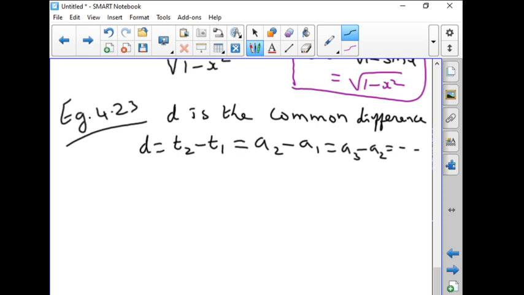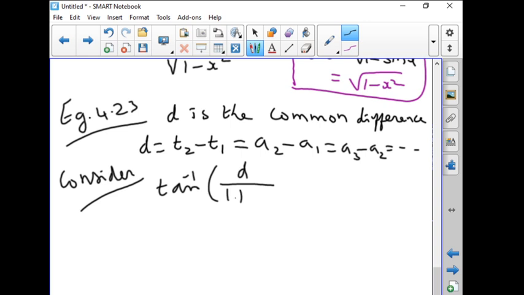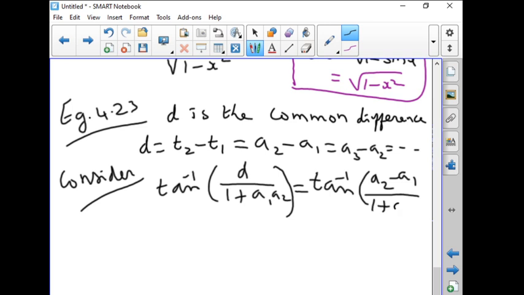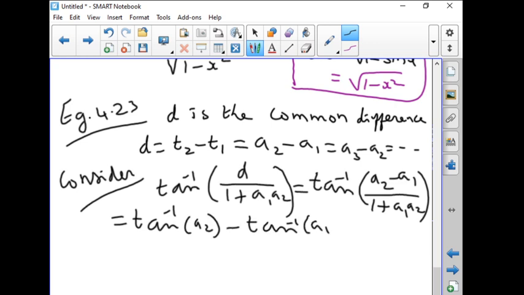So, now you consider tan inverse of d by 1 plus a1 a2. We can write this as tan inverse of a2 minus a1 by 1 plus a1 a2. That is nothing but tan inverse of a2 minus tan inverse of a1.